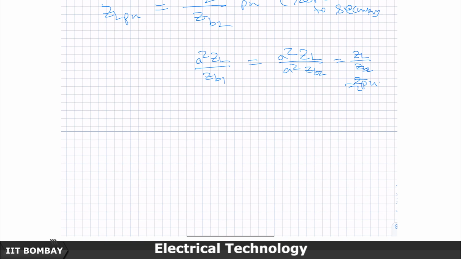The MVA on the primary side and the MVA on the secondary side is the same, and the MVA base is common for both sides. So, load even when expressed in MVA is also going to be the same for the two sides of the transformer.